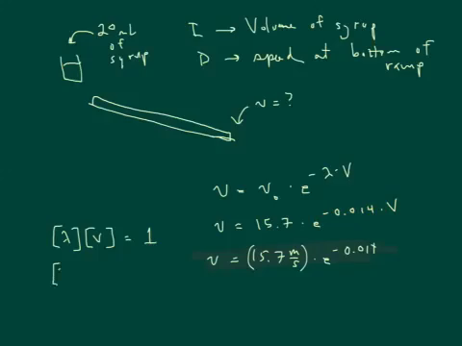So, okay then, lambda times, what are the units of volume? Milliliters, equals 1. And that tells me, if I divide both sides by milliliters, lambda is 1 over a milliliter, or a milliliter to the negative 1.